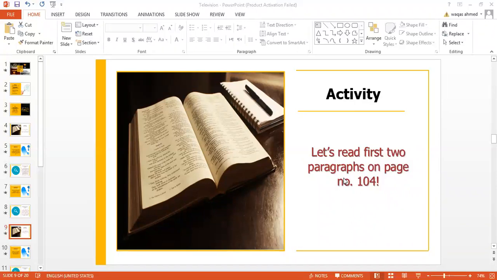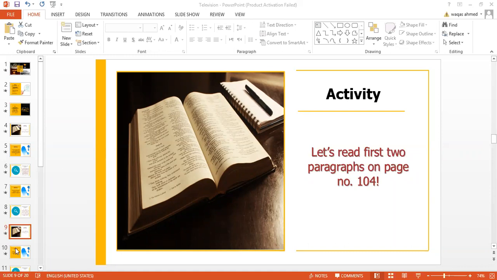Ejaz, are you listening? Close your camera, Ejaz, because I'm not focusing on the cameras. You can tell me by raising your hand. I think many boys have finished reading page number 104, first two paragraphs, because they were very small. Please confirm how many of you have finished reading.